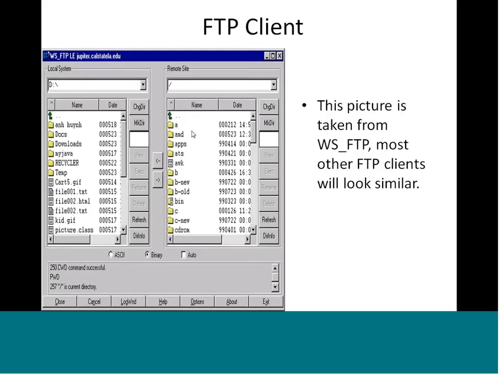If you are using one of the newer GUI based FTP clients like WS_FTP, you don't need to know those commands because you can easily move from one directory to the other using the GUI itself. Then we went into some of the administrative stuff.